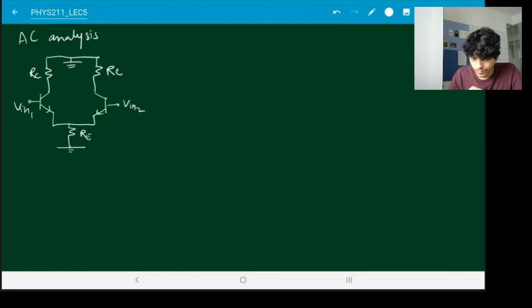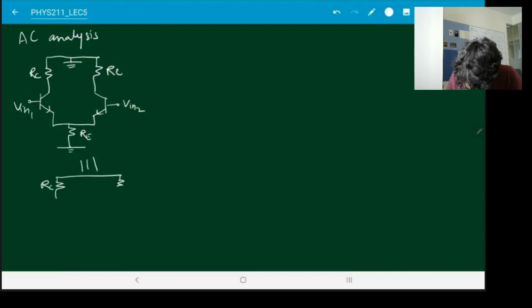Now I can again do that simplification, the T model kind of analysis, where I'm going to replace my transistors with a constant current source at the collector and an RE prime resistance at the emitter. So this is equivalent to, and output is being taken over here, just to remind ourselves.